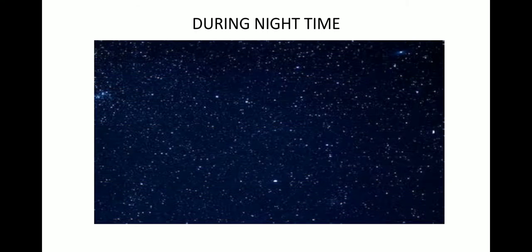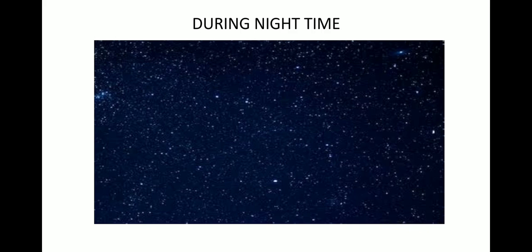The second phenomenon that we see at night is twinkling of the stars. The light from stars is refracted by various layers of atmosphere. The densities of these layers keep changing because of atmospheric disturbances. So the amount by which the rays bend keeps changing and the position of the star appears to change, which makes the star twinkle.